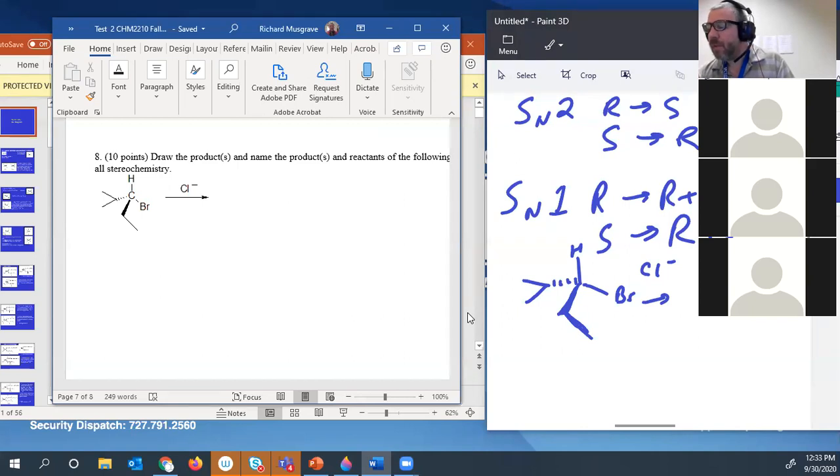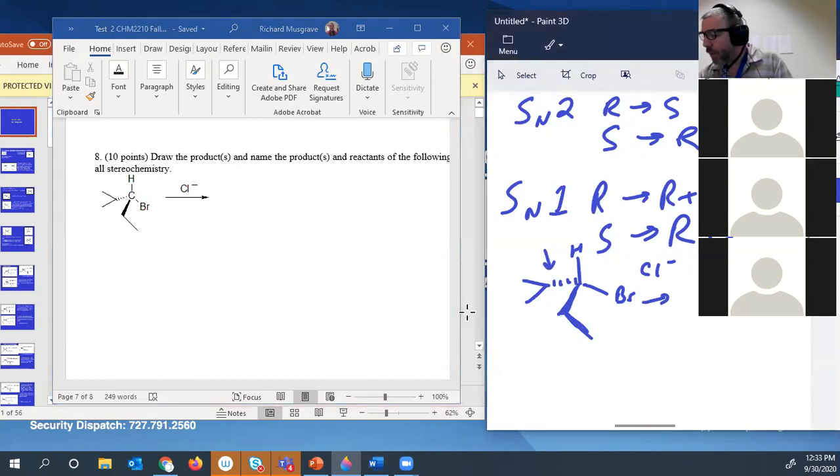Now, the thing is, and this is the smart play, is to locate the hydrogen, which is going to be the lowest priority group, and have that one switch into the one that's in the back. The one that's in the back is always going to be the one that's dashed, I'll point at it here with the arrow. That's in the back. So the smart money here would have me take the hydrogen and switch it with that grouping so that I end up getting the opposite stereochemistry.